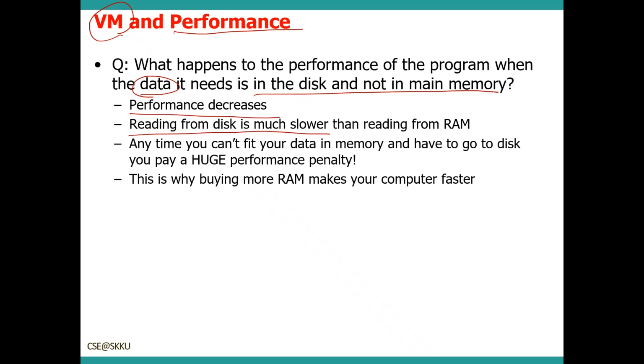So any time you cannot fit your data in memory, we have to access the disk, and you must pay a huge performance penalty. So we actually need more memory to make your computer faster.